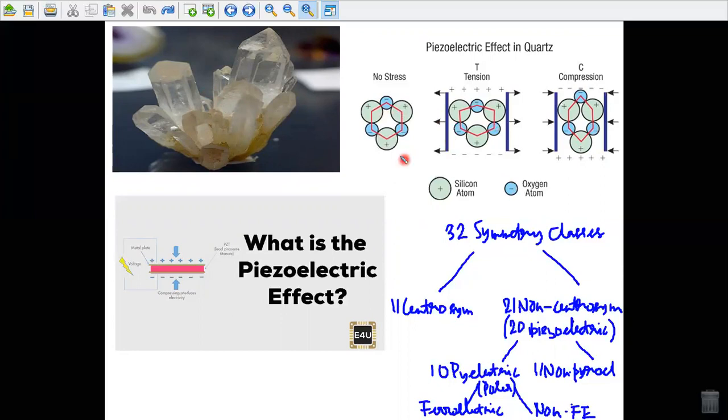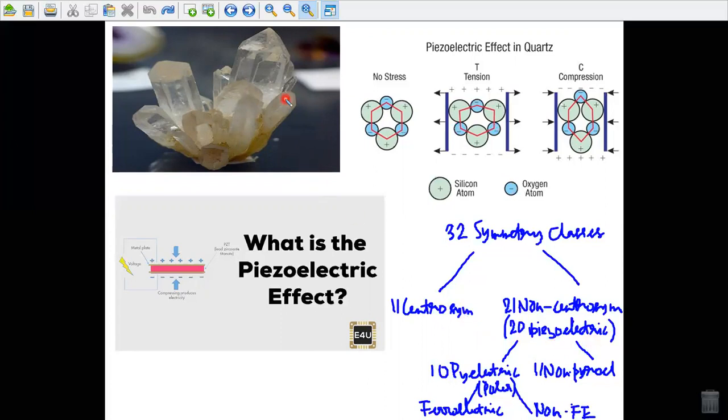Of the 32 crystal symmetry classes, as I have shown in the last slide, 11 exhibit a center of symmetry. In one other case, a combination of symmetries effectively provides such a center, leaving 20 classes which have asymmetric properties. All the crystals in these 20 classes are piezoelectric.